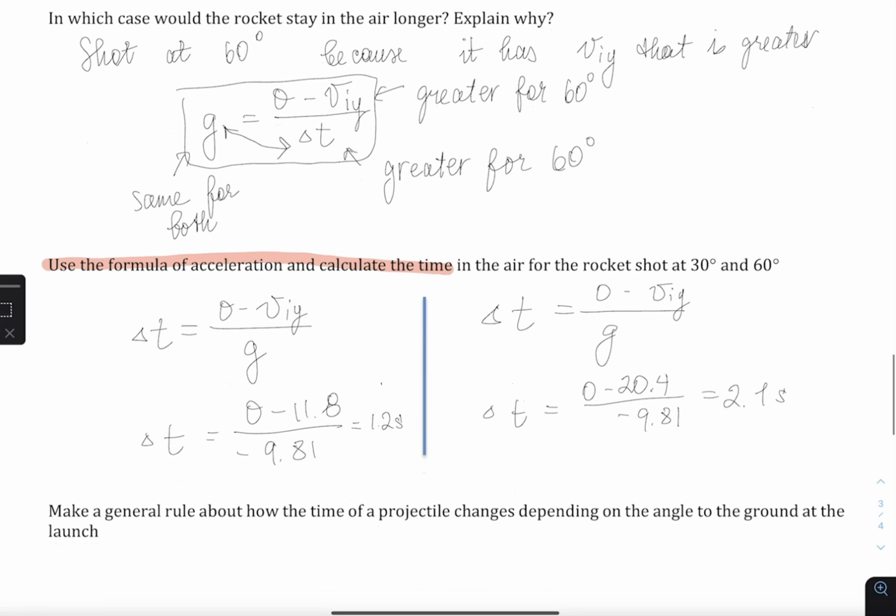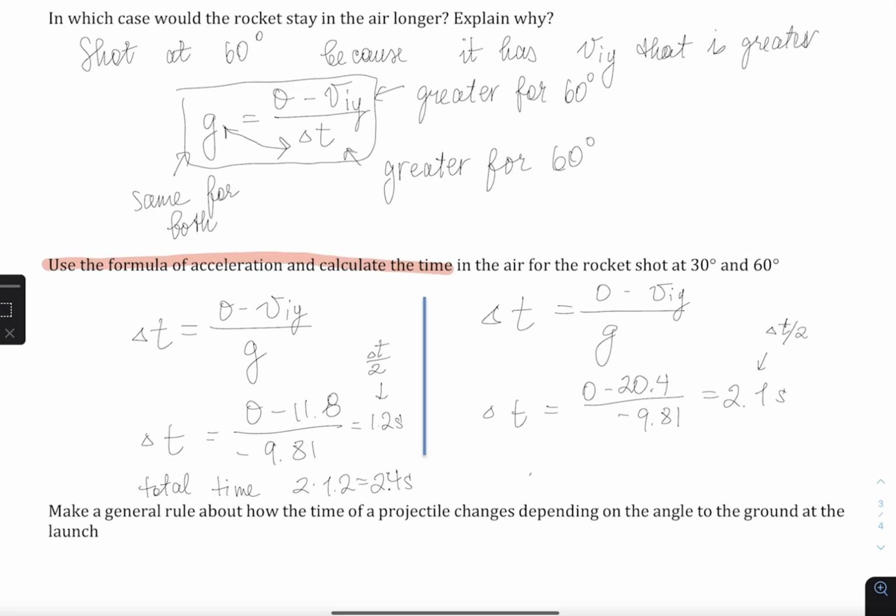This is only half time. Because remember, velocity becomes 0 at half time, and then the next half of the time, velocity becomes negative of what it was before. So it flips and goes down. So total time is going to be 2 times 1.2, and it's going to be 2.4 seconds.